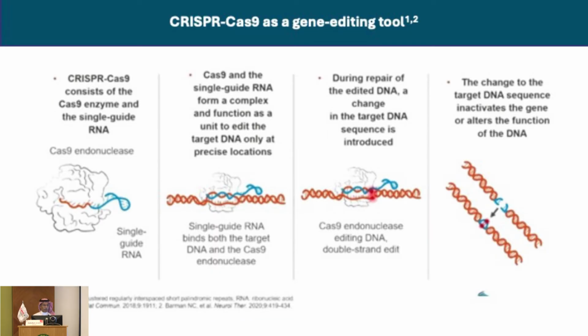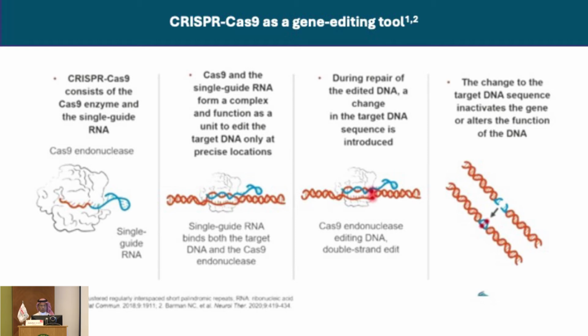The idea of CRISPR-Cas in clinical practice is that CRISPR-Cas consists of Cas enzyme and single guide RNA. Now, the Cas and single guide RNA form a complex and function as a unit to edit the DNA only when it reaches a specific location, because they have specific codons that come to that specific point.